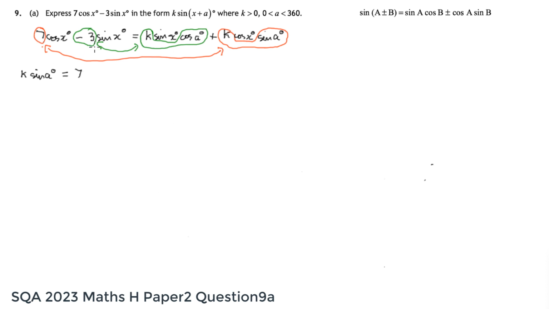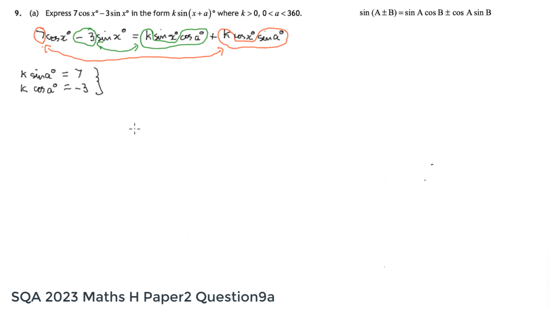Let's tackle the sine x terms. k cos A is equal to -3. So there we have two simultaneous equations with two unknowns. The unknowns are k and A.